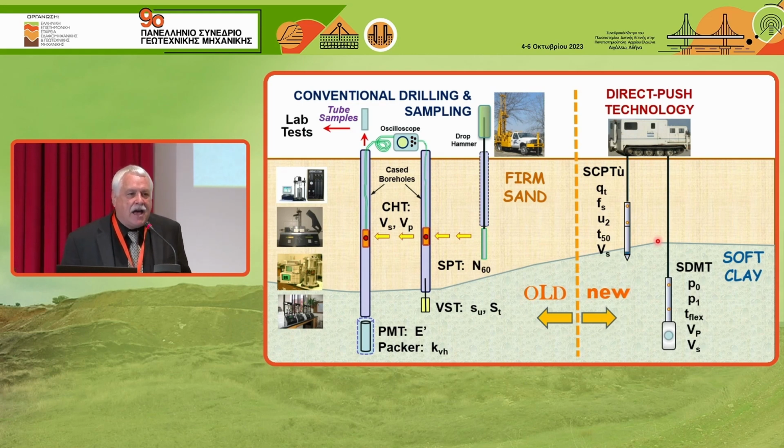It's just an economical, efficient way to collect the data. And as soon as you finish the sounding, you have all the data. You can send that to the chief engineer back at the office. You can do the analysis as you're pushing the cone or the dilatometer. It's just fantastic. I don't have to wait 2, 3, 4 weeks for the lab test to come in. I have the numbers now. Let's go forward.